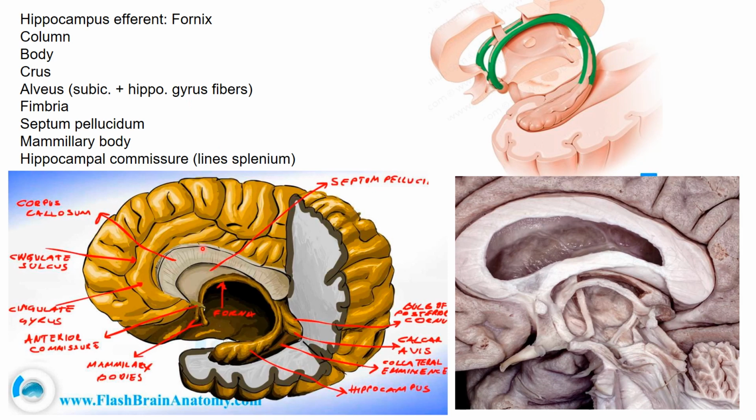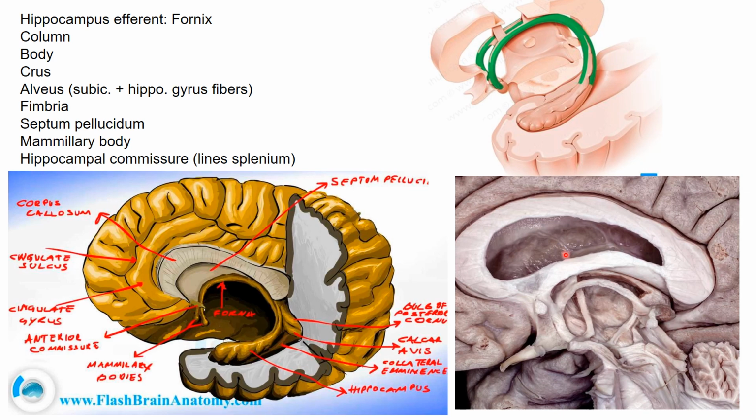And then the Fornix is actually suspended, hanging up from the Septum Pellucidum. So here's your Septum Pellucidum. In this gross image, the Septum Pellucidum has been carved out, but you see that this is what was holding the Fornix up from the corpus callosum via the Septum Pellucidum.